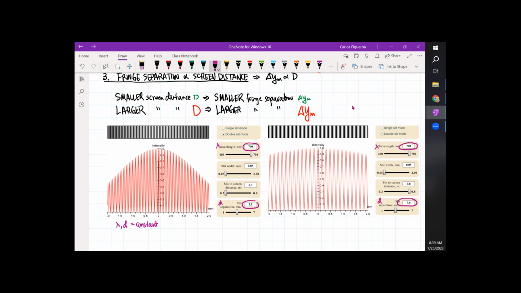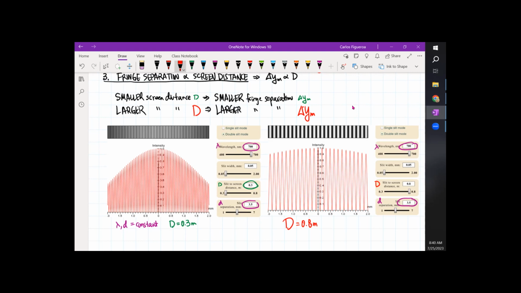So if I look at the screen distance, here's what I'm seeing here. This guy is big D here, and so D in this case is 0.3 meters. On the other hand, this D over here is going to be larger because it's 0.8 meters.